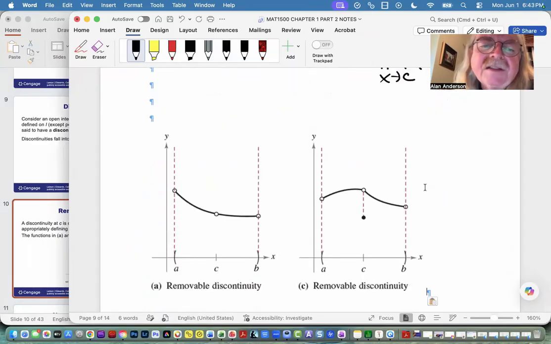So removable basically means that if we could supply a value here, like let's say we fill in the hole, so to speak, then we could end up with a continuous function.